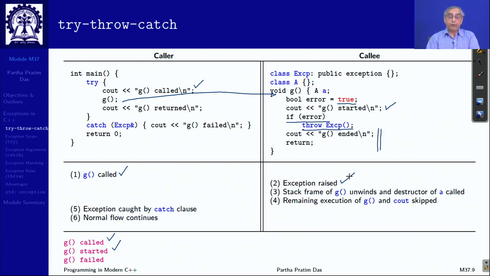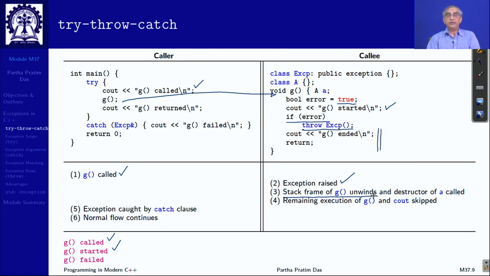So, when you are going out of the callee's context for a throw, an exception condition, the stack frame of G will have to be unwinded. It has to be rolled back, because after this the control will go to the caller and the stack frame of the caller needs to be activated.